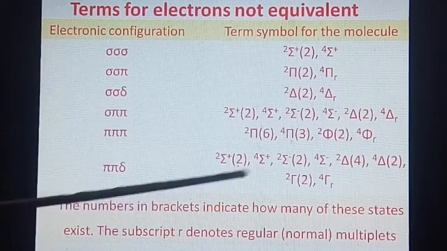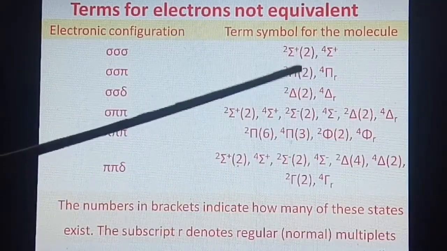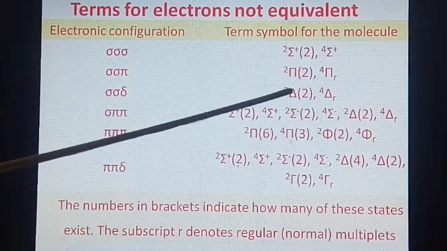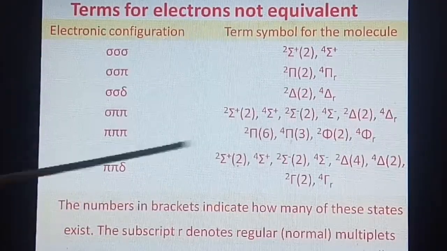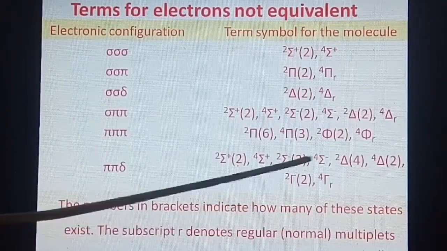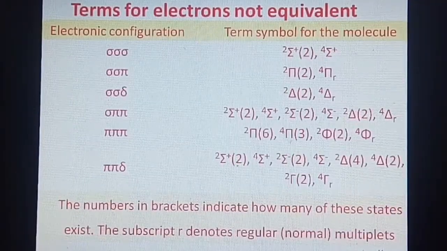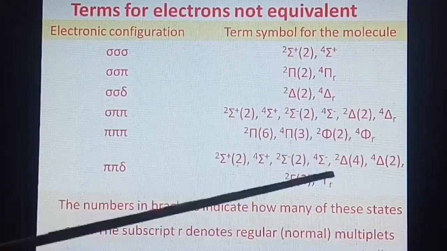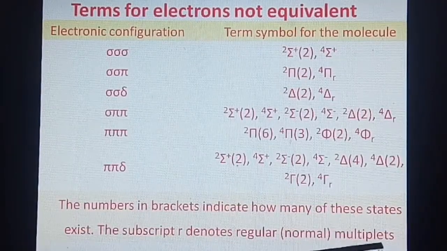So this is the table showing the term symbols for non-equivalent electrons. Here delta is also given, but we have not discussed it in our topic. The numbers in the brackets indicate how many of these states exist, and the subscripts denote regular, normal multiplets.